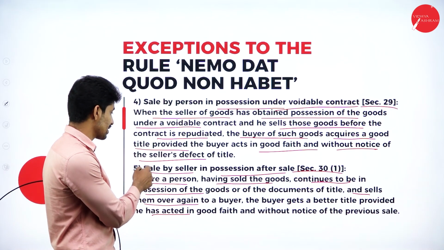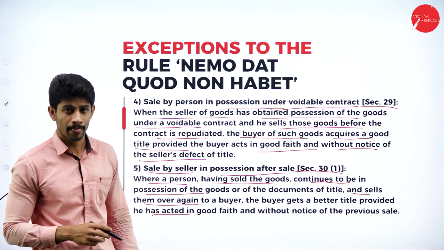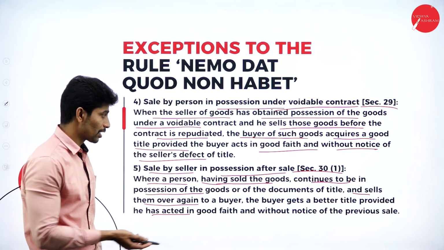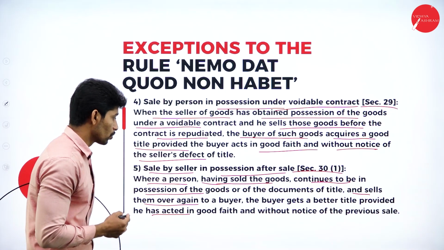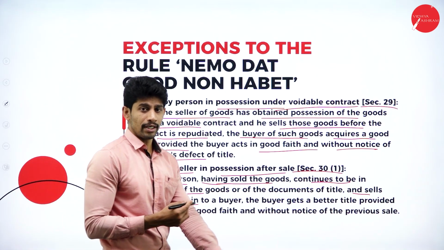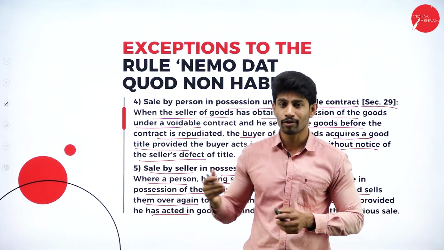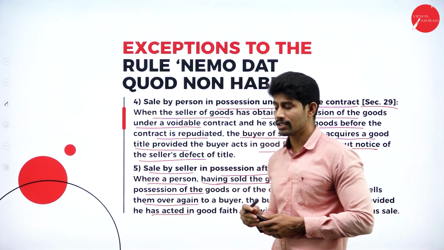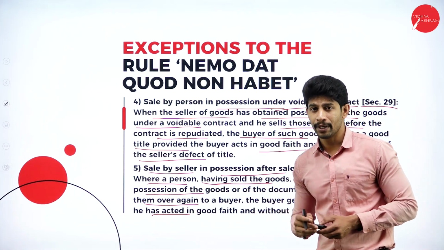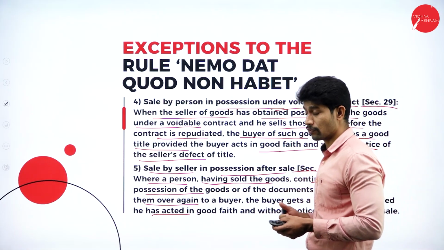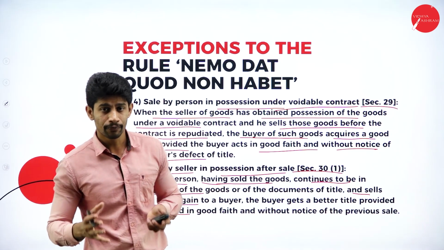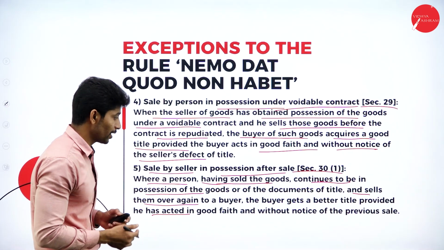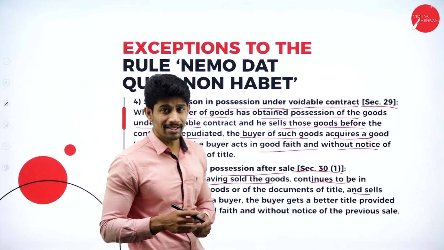So here what happens? Sale by seller in possession after sale. Again, what will the seller do here? The seller, having sold the goods, continues to be in possession of the goods or the documents of title. So after the sale also, the seller will have the possession of the goods as well as the documents relating to the goods, so that he can sell it to the buyer and the buyer can buy it without any hesitation or confusion, and he should buy the goods or property in good faith and without notice of the previous sale.